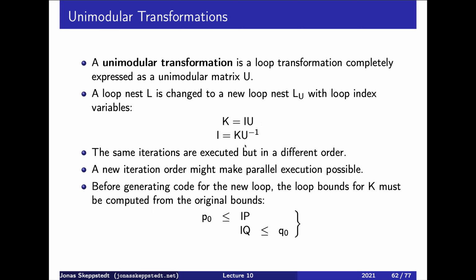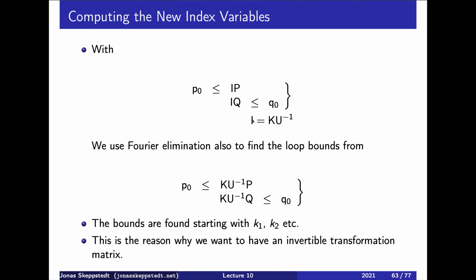So I is k times the inverse of U. We can insert I here, and that's why we use the inverse of U. And now we can simply solve for these variables, k1, k2, etc., from this vector, starting with the outermost, of course, since we must have the outermost loop with constant lower and upper bounds.